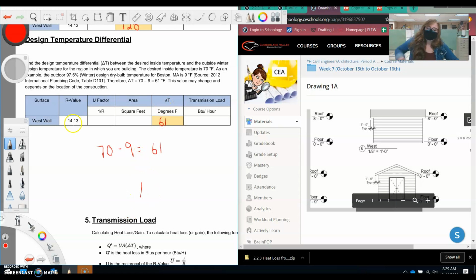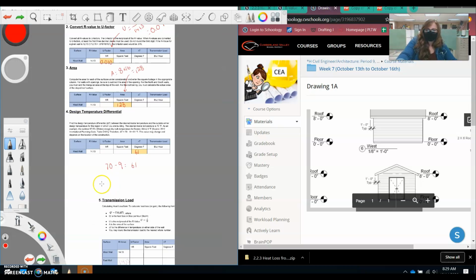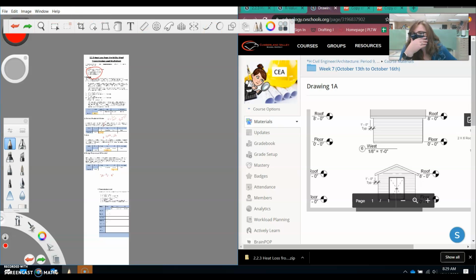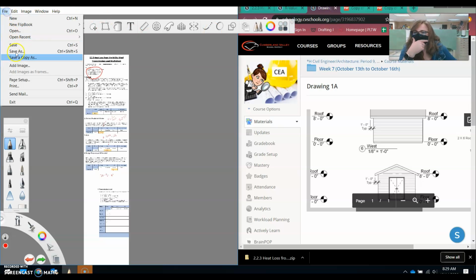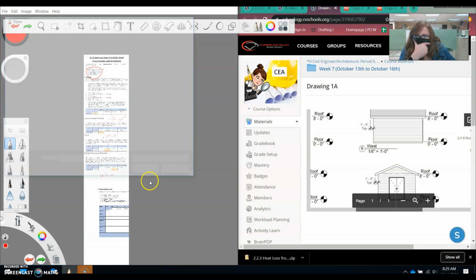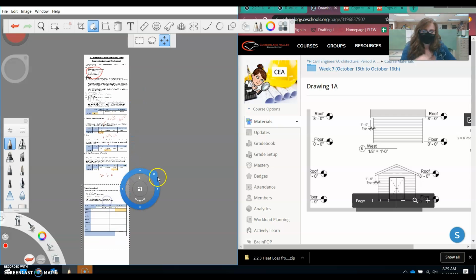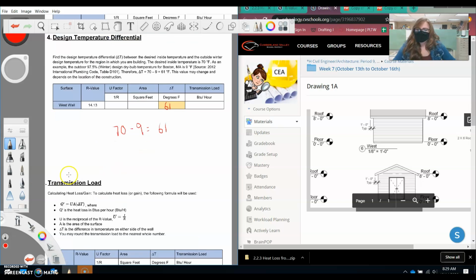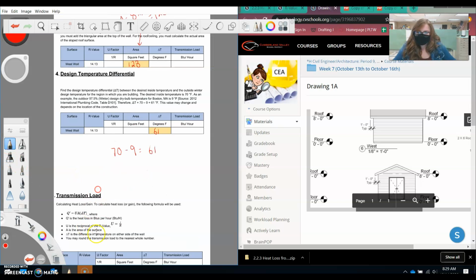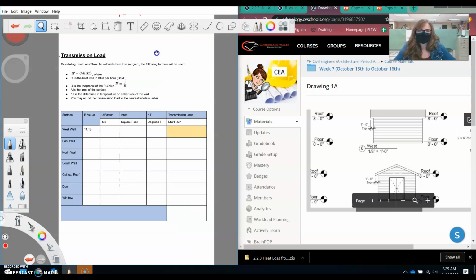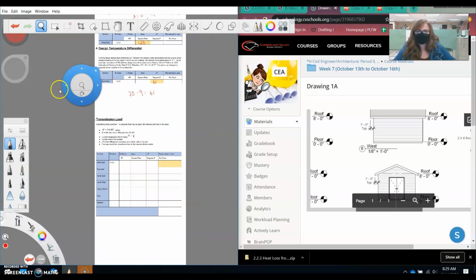Now, let me add that back in so that you can see clearly. Now, for the temperature differential, for the transmission load, we are going to take all of those things we just calculated and replug them in.